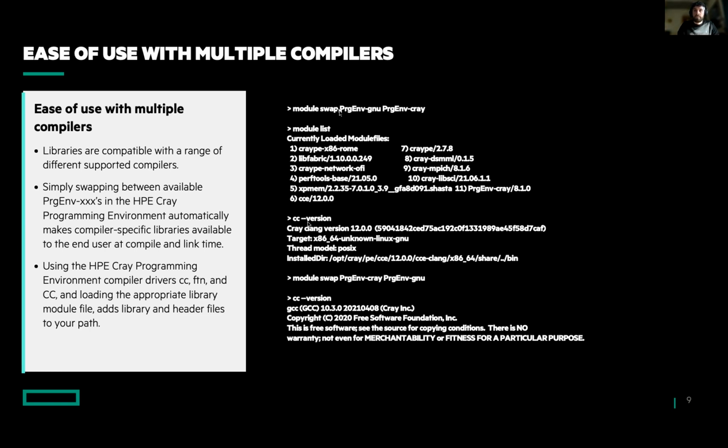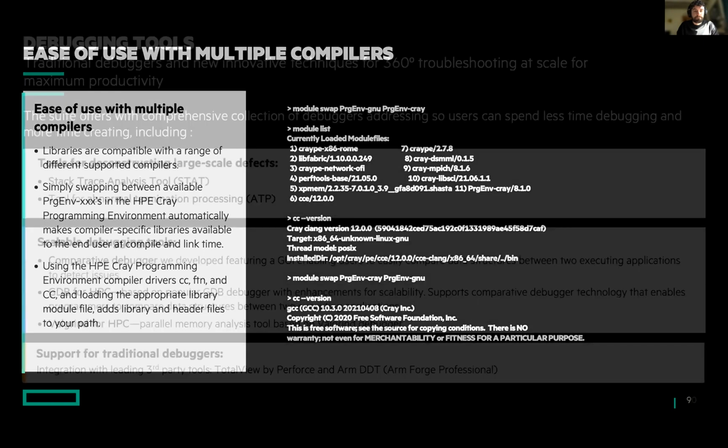And when you use our compiler wrappers, we see the CRAY Clang compiler, and then with a simple module swap back to GNU, now we have GCC. And when you build your code using our compiler wrapper, you automatically get the appropriate library and header files to use some of our high performance libraries.